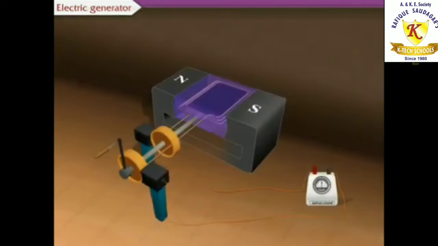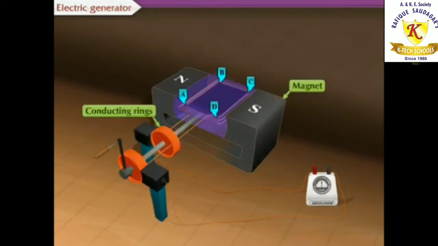The main components of an AC generator are a copper coil ABCD, a strong magnet, conducting rings and carbon brushes. A copper coil ABCD of rectangular shape is kept between the magnets.